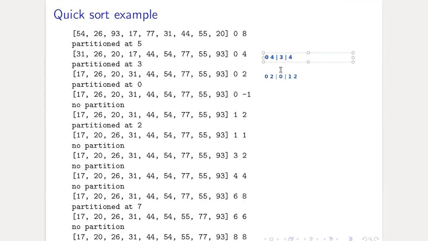My notation is the left hand side list, the pivot point, the partitioning point, the pivot value, and then what is on the right hand side. And when you consider this one, 0 to 8, and when you partition at 5, then on the right hand side, you will have 6 to 8.